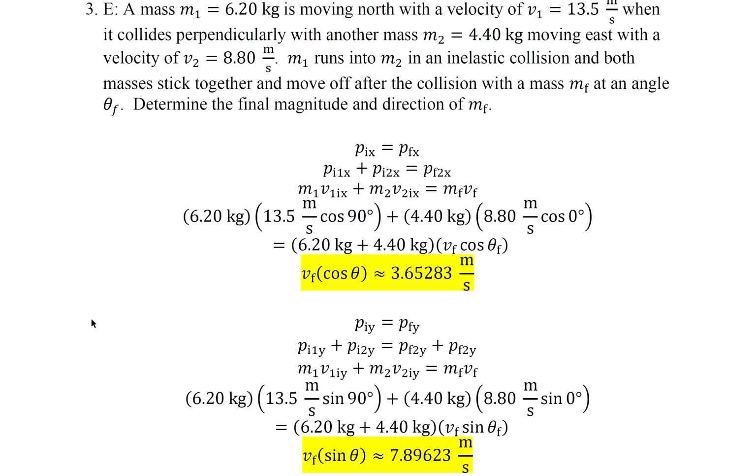So I'm going to let positive x be to the right, positive y be up. So you could see what I did here. In the beginning, I have two objects. And in the end, I have one object. And I use the law of conservation of momentum.